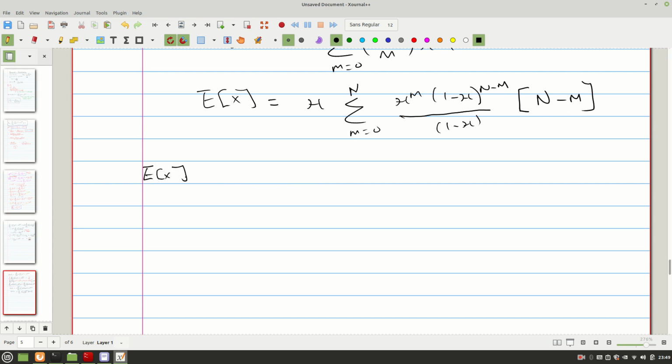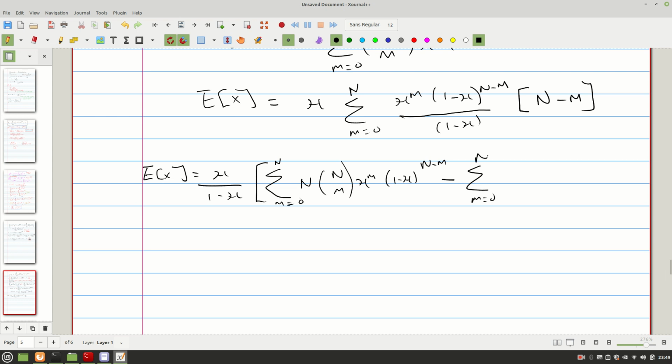So E of x is equal to mu over 1 minus mu times the summation from m equals 0 until n of n times n choose m, mu^m, (1 minus mu) to the n minus m, minus the summation from m equals 0 until n of m, n choose m, I'm just multiplying out these two terms, times mu^m, (1 minus mu) to the n minus m.